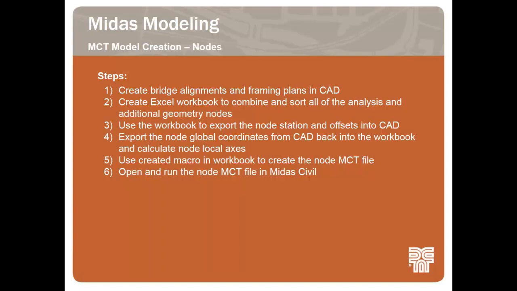Use the workbook to export the node station and offsets into CAD, and then export the node global coordinates from CAD back into the workbook and calculate nodal local axis. Then you would use the created macro in the workbook to create the node MCT file, and the final step would be open and run the node MCT file in Midas Civil.